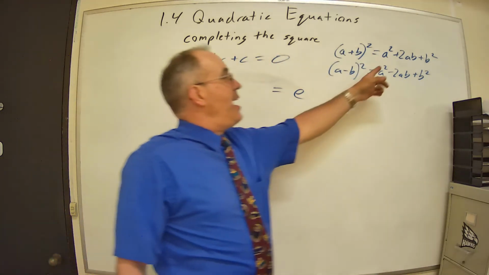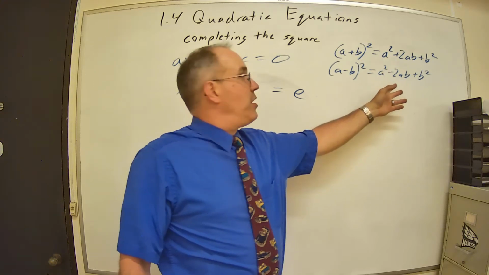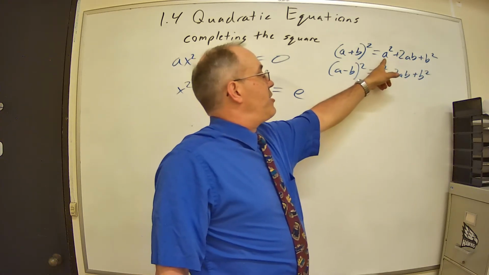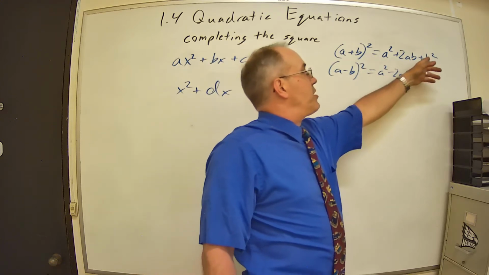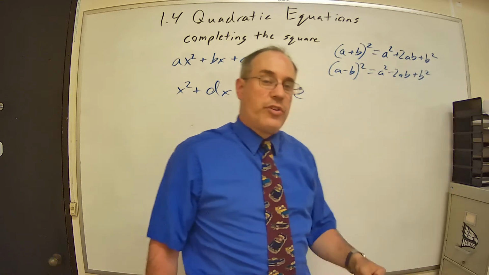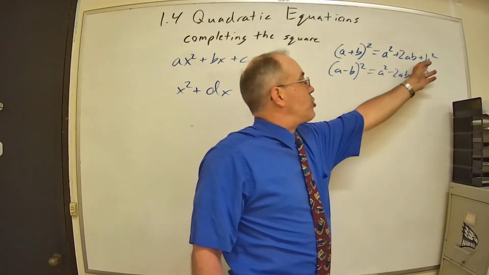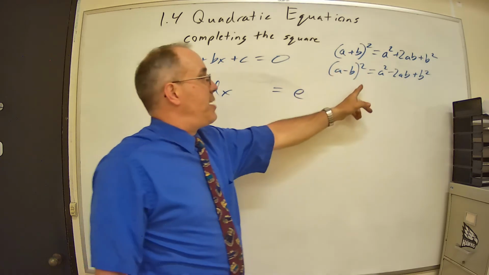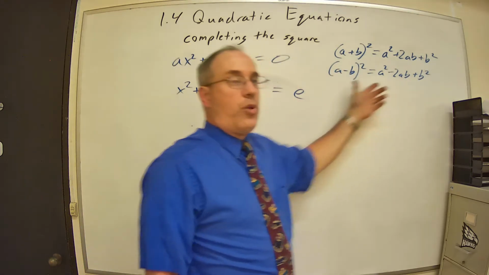Basically, if I can get myself into the position where I have a squared plus 2ab plus something, and if I can find out what that b squared term is, I can take this quadratic and turn it into this product. Same thing if I have that difference there. I can take the quadratic, turn it into the product.